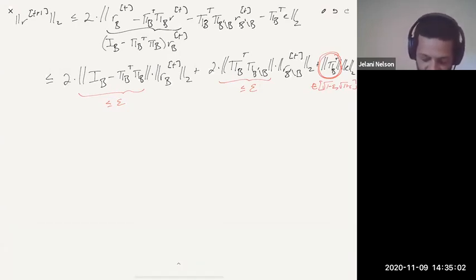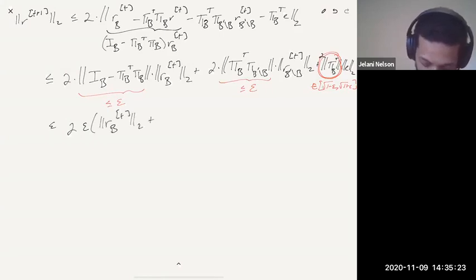So in summary, this whole thing is at most 2 epsilon. I think there's also a 2 out here too. I forgot the 2. So there's 2 epsilon times R B T L2 norm plus R B prime minus B T L2 norm.